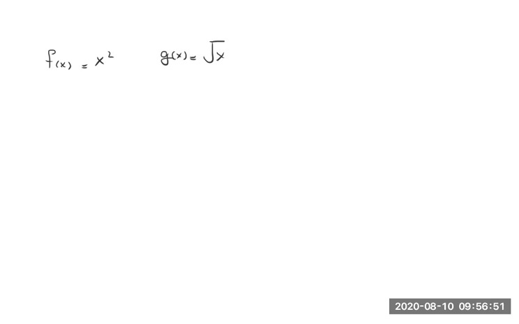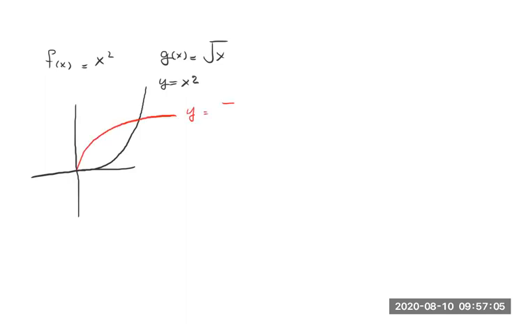So this is x squared, that's how the function y equals x squared looks like. And this is how the function y equals square root of x looks like. I'm just looking at the positive side.